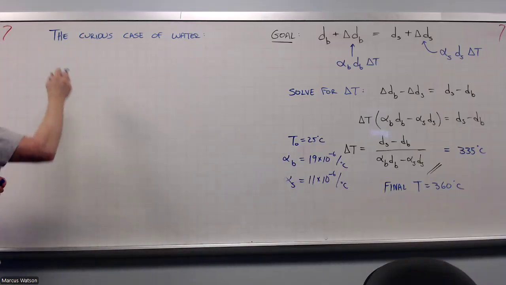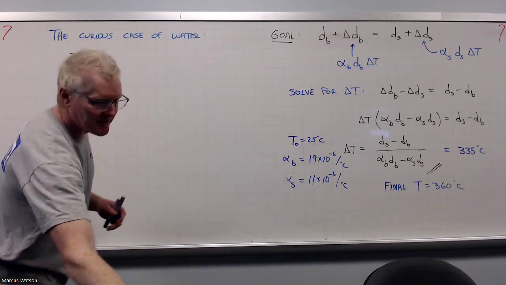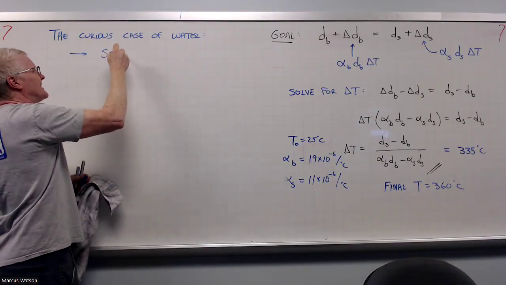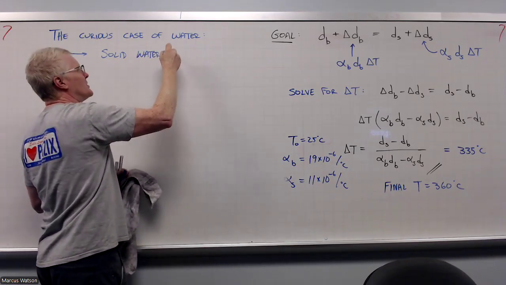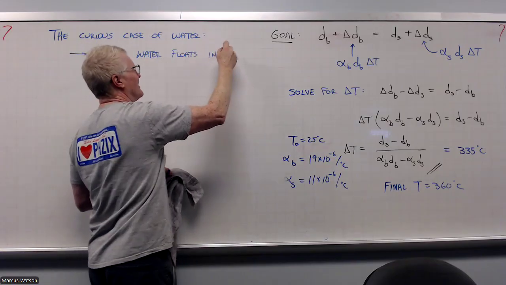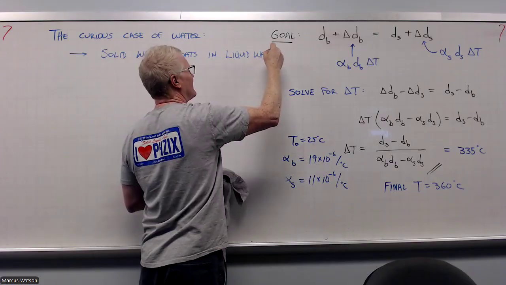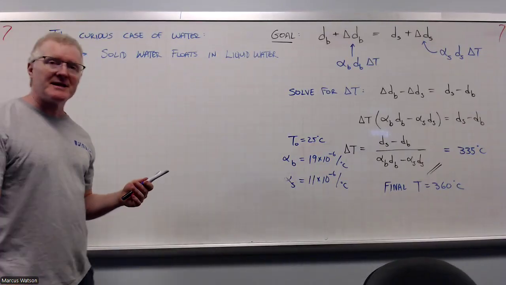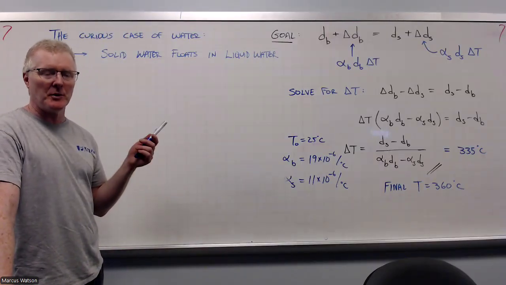So we know that solid water floats in liquid water, which is a very strange set of things to happen. That tells us that the density of the solid is less than the density of the liquid.